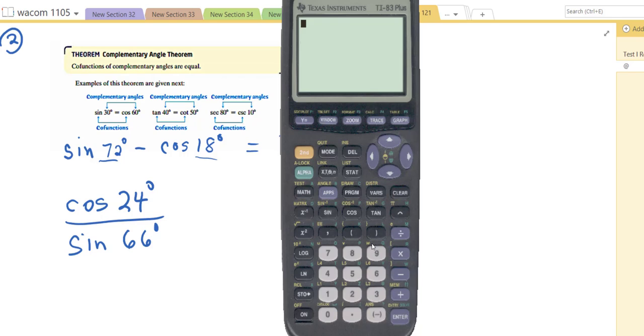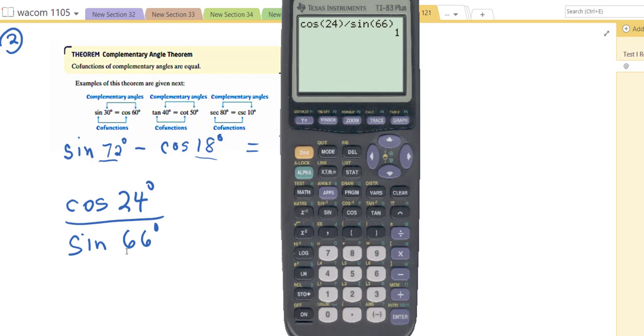So if we do cosine of 24 divided by sine of 66, which one?